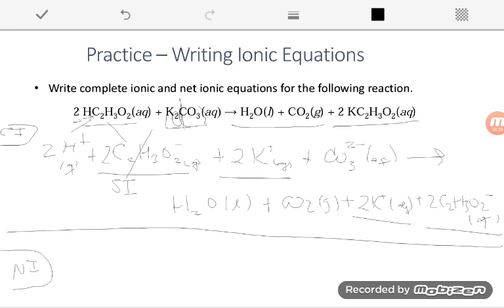So I can basically cross these pieces out, and then I'll write what's left, which are my 2 hydrogen ions and my carbonate ion, and those form liquid water and CO2 gas. That's my net ionic equation. So after I write my complete ionic, cross out all my spectator ions, whatever's left is my net ionic, and this shows me the species that actually participated in that chemical reaction.